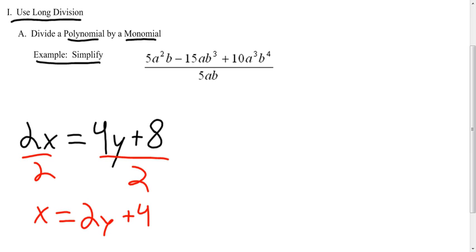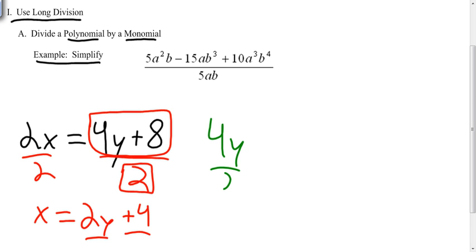So in this case, we had a larger expression being divided by one term. But it broke down into two different terms, and how we did that was we separated them out. We had 4y divided by 2 plus 8 divided by 2, which in the end gave us our 2y plus 4.